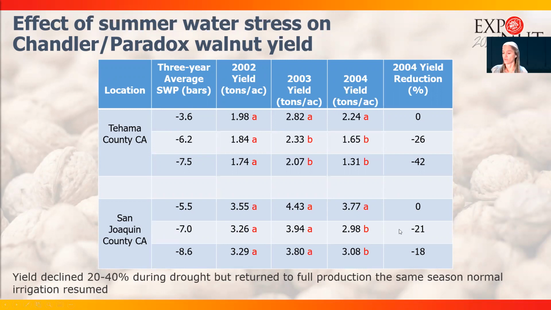And that 2004 yield reduction was around 20% for those deficit irrigation trials. So in conclusion, we find that yield tends to decline between 20 to 40% during drought. But in the circumstances for both of these locations, they returned to full production in the same season that normal irrigation was resumed.